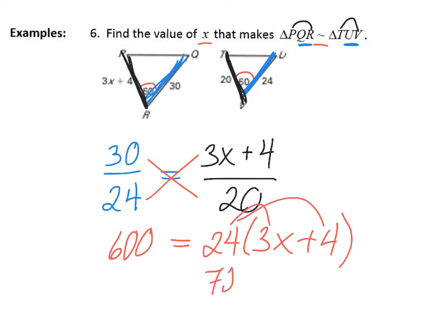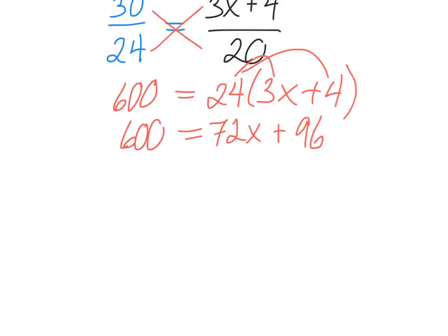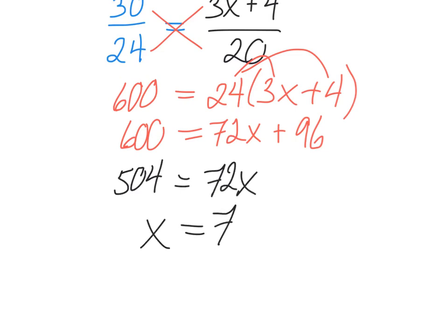So I'm going to have 72x plus 96. I still have 600 over on the left. I'm going to end up with 504 equals 72x. And lastly, when I divide by 72, I'm going to end up with x equals 7.